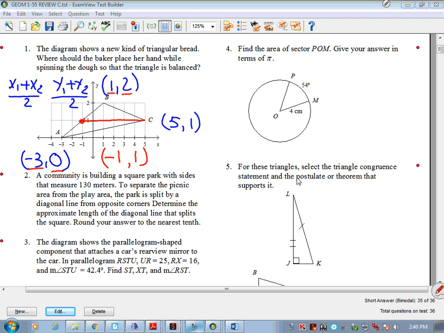Then I'm going to do that with a different set of coordinates. Okay, so from, let's say, B to C. I would be doing 1 plus 5 divided by 2 to give me my x's. Okay, 1 plus 5 is 6. 6 divided by 2 is 3. So I'm getting a 3 out of that. 2 plus 1 is 3. 3 divided by 2 is 1.5.